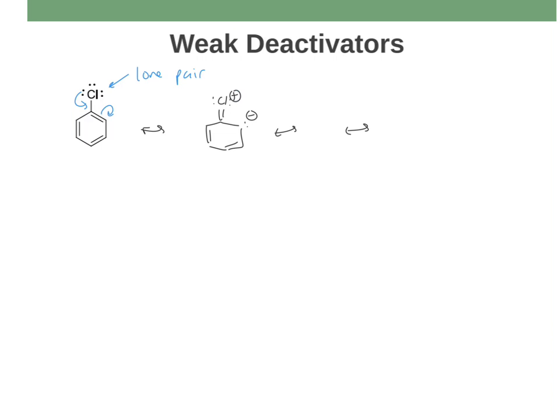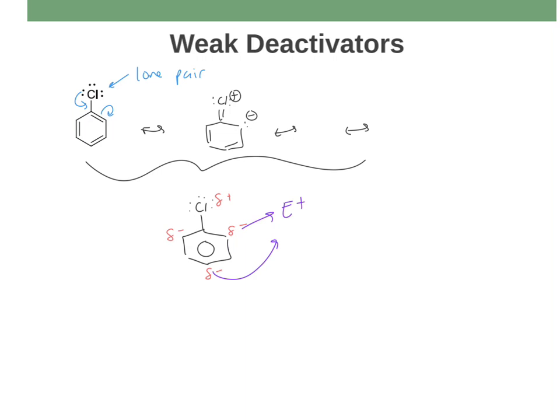And I'm not going to draw all the resonance structures because it's the same thing as before, where we see that overall, because of the delocalization, because of these resonance structures, the chlorine gets partially positive, the ortho spot gets negative, the para spot gets negative, and the other ortho spot gets negative. So then there is an attraction to these ortho and para positions.